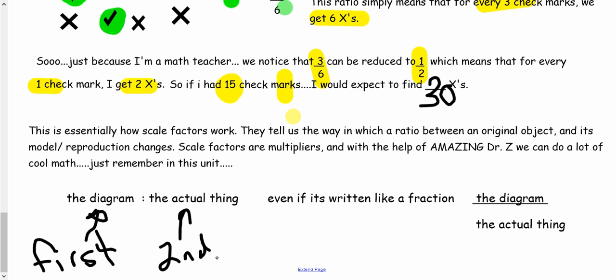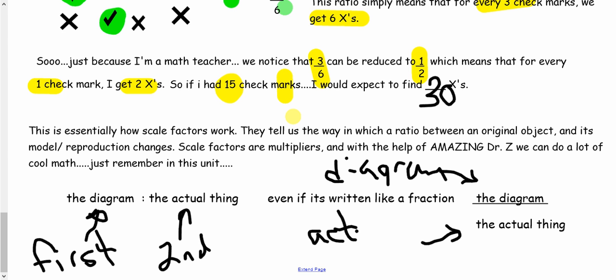Even if it's like a fraction, the number on top is the diagram, and the second one is the actual thing. That's important. The first number in the ratio is the diagram. The second number is the actual thing. Okay, well, let's see how this scale factor works out.